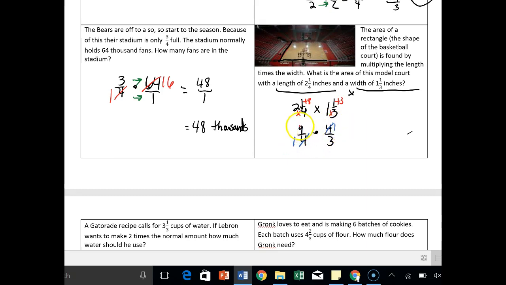And then 9 and 3, 9 can be divided by 3 to get 3, 3 can be divided by 3 to get 1. So straight across, and we get 3 over 1, or 3 inches. And area is always units squared, so inches squared. Okay, so 3 inches squared is the area of this model court from EA Sports, or NBA 2K, sorry. All right, that's it for part 1.